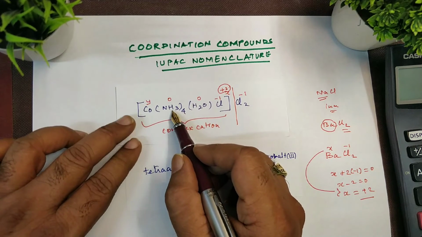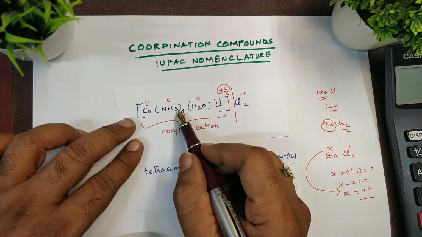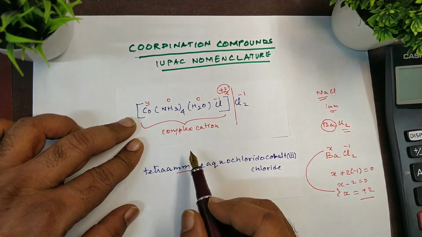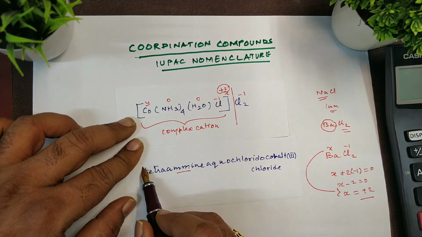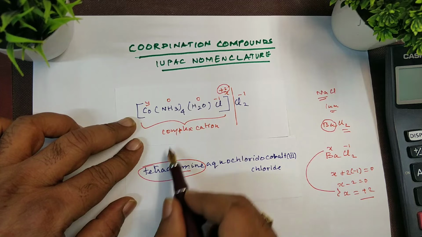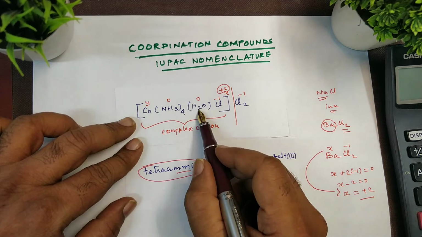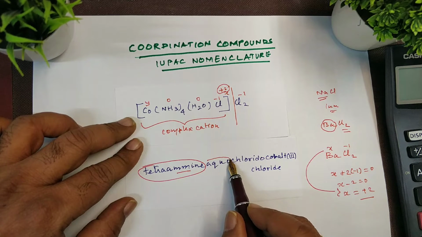How many ligands are there? 4 ammonia molecules, so tetra: tetraammine. That is over, is it not? And aquo means water.